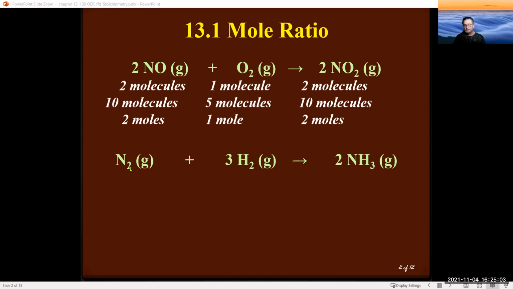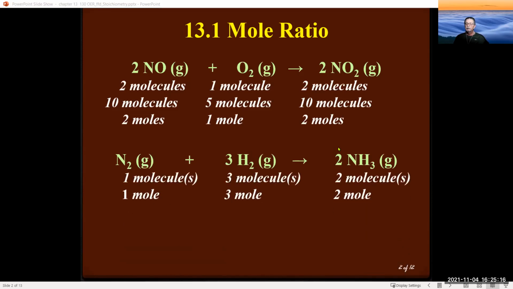And so here it says nitrogen, N2, plus 3 molecules of hydrogen react to give us 2 molecules of ammonia. Replace molecules with the term moles. Again, we have 1 mole of nitrogen requires 3 moles of hydrogen to give us 2 moles of ammonia.